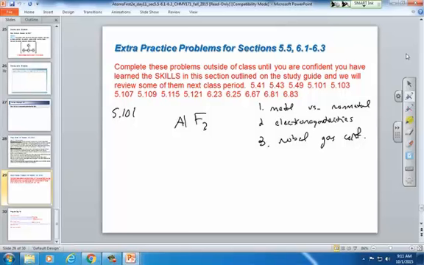So in this case, looking at 1, we've got a metal and a nonmetal. Right? So again, the cutoff is this staircase here, where the nonmetals are on the upper right of that, the metals are on the lower left. There are some elements right on the staircase that are called metalloids. And they have some properties of metals and some properties of nonmetals.